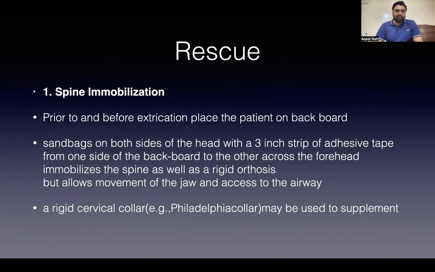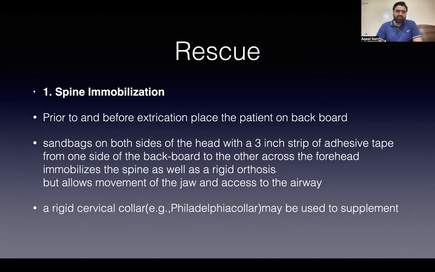How do you rescue a patient with a spinal injury? First of all, you have to do spinal immobilization prior to extrication. Place the patient on a rigid backboard. I can show the picture in the next slide. The sandbags have to be applied on both sides of the head with adhesive tape on the head to fix it.